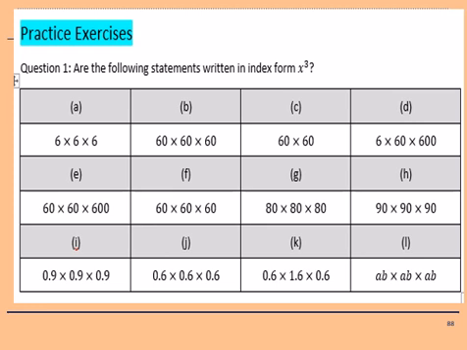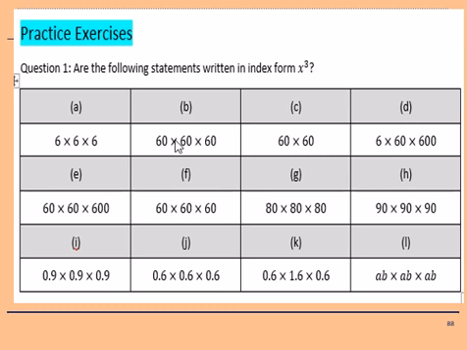So, question 1. It says, are the following statements written in index form something to the power of 3? So what you're going to do is look at each question and say, is that something to the power of 3? So question A, is that 6 to the power of 3? Yes, it is. You're going to do that for each one.